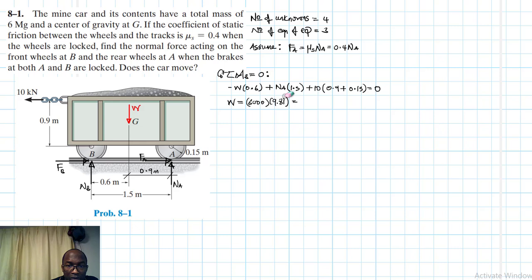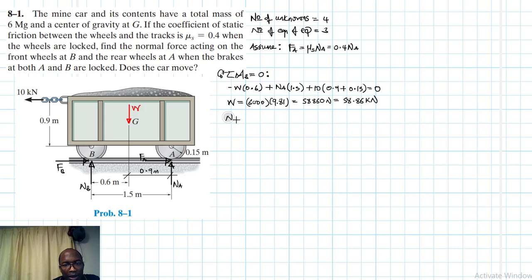So what does this give us? That's 6,000 times 9.81, which gives us 58,860 newtons, which is also equal to 58.86 kilonewtons.